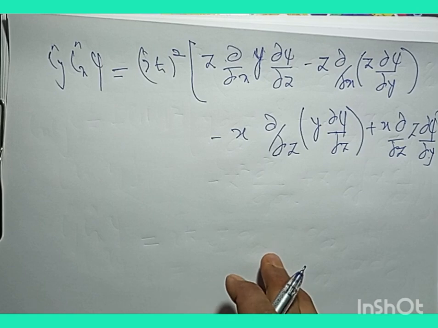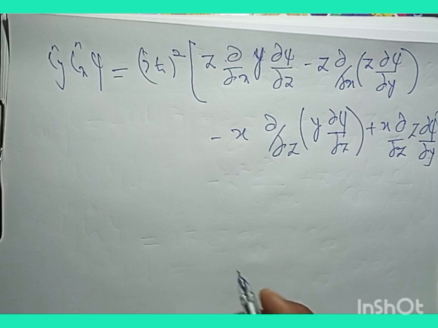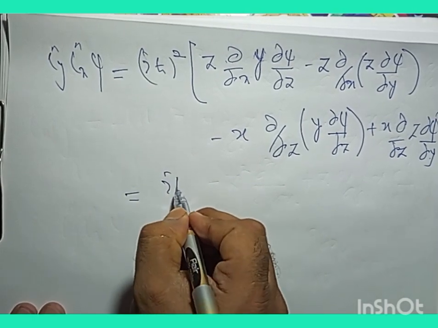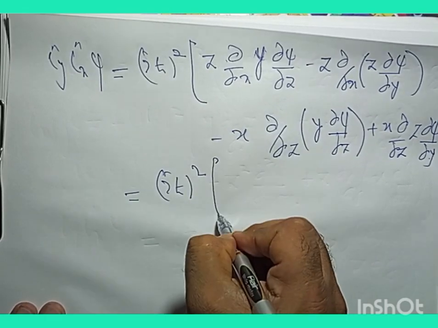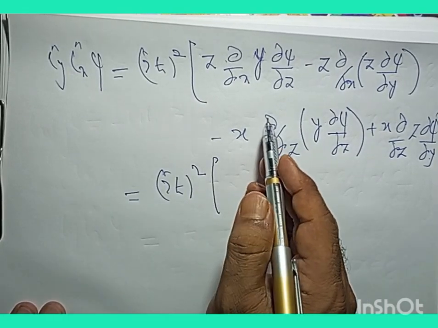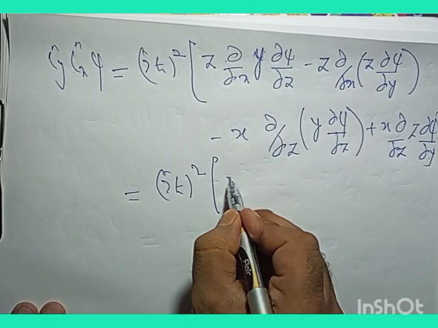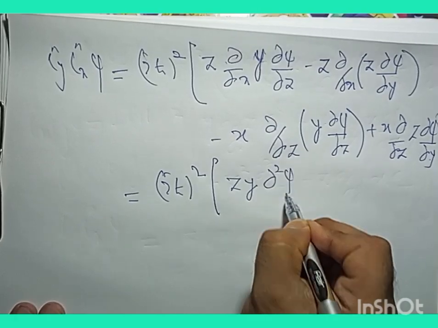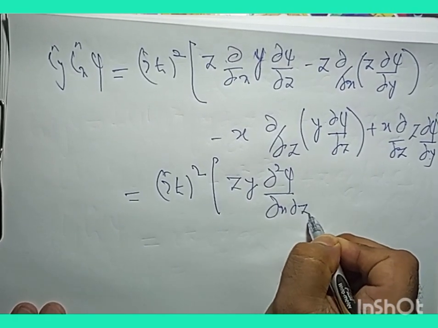So this will be the distribution of the terms, and what we will have here finally is (iħ) whole squared. For x, this y is a constant, so we will have zy ∂²ψ/∂x∂z.